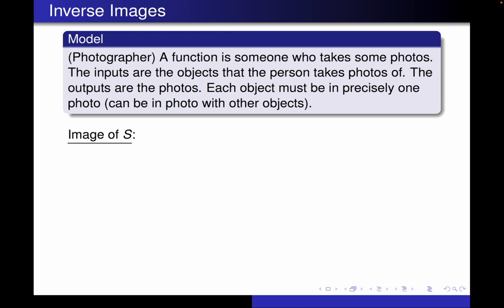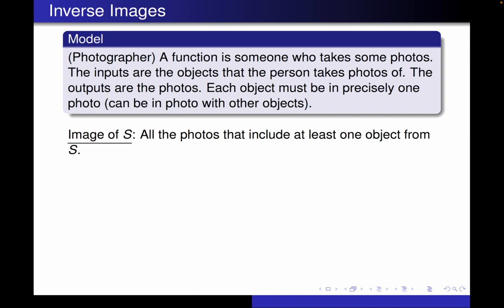All right, so I want to talk about the image and pre-image in terms of our photos, because the name image is reminiscent of what we were talking about in the photographer model. The image of S is going to be all the photos that include at least one object from S. So S is a collection of objects, and you're looking for photos that have one of those objects in it.